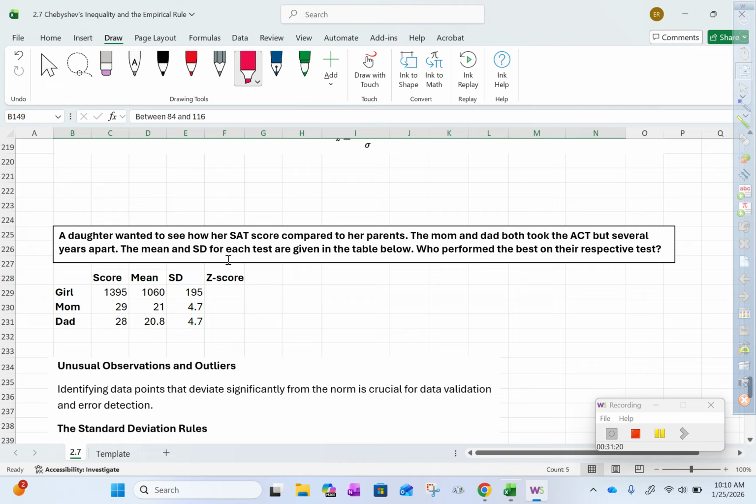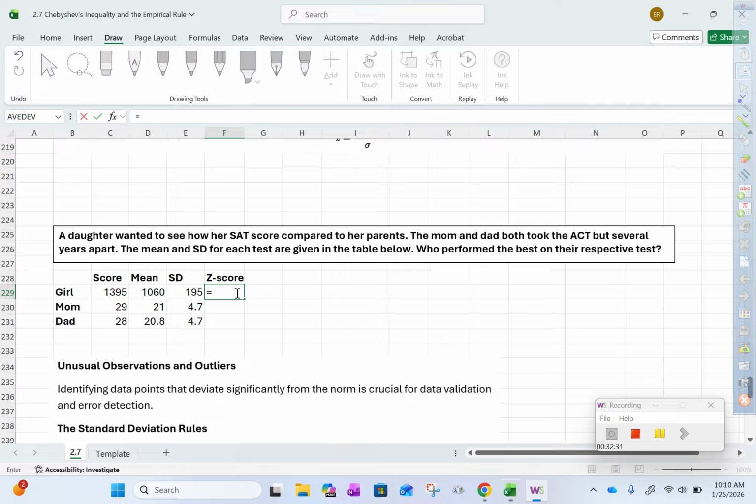They had different standard deviations. So the z-score is going to help us know how they did compared to people who took the test, just like percentiles can. And then we can see who has that highest z-score, highest percentile, to compare them to each other. So we're going to do all of this formula in Excel.